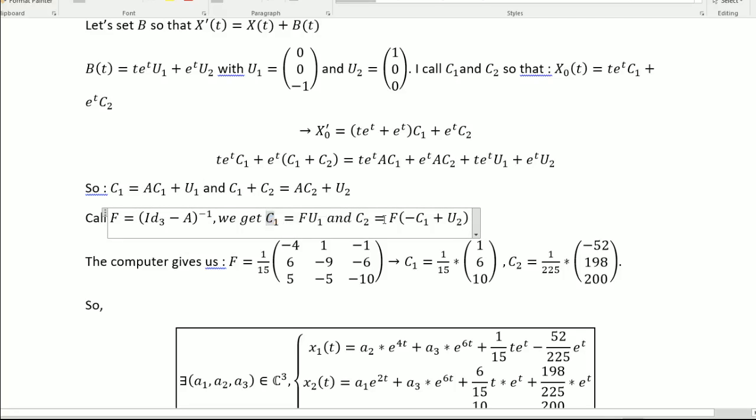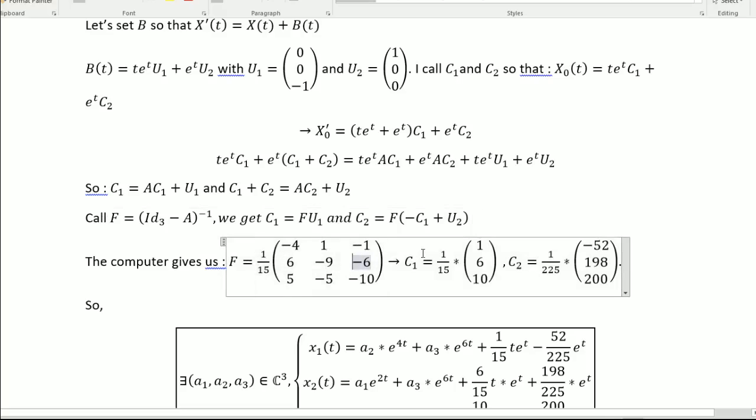And for C2 you have F times minus C1 plus U2. For this it's actually kind of cheating, because you have to notice it, but there exist other ways of solving it. So the computer gives us for F, the inverse of identity minus A, this result.